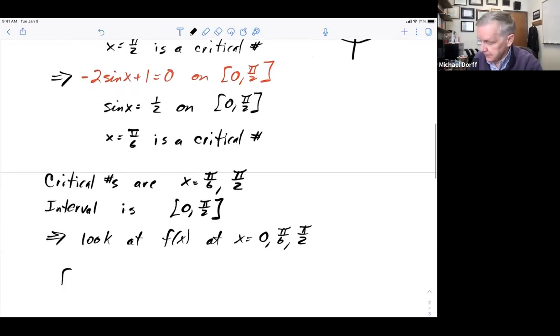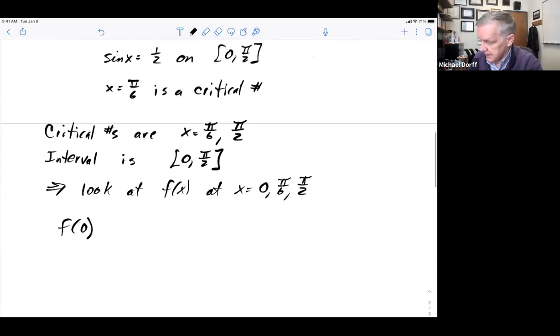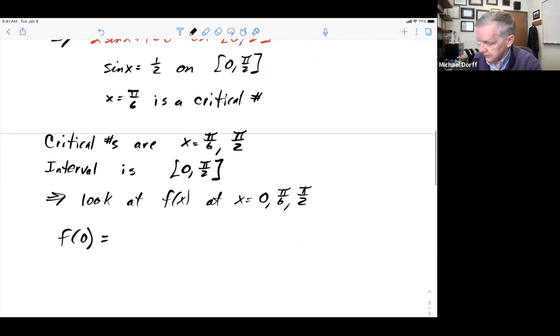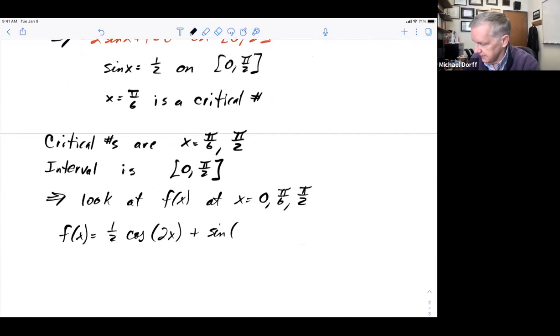So now I'm going to look at these values, f of 0. Let me just recall my original function, rewrite my original function first. My original function, f of x, is 1/2 cosine of 2x plus sine of x.